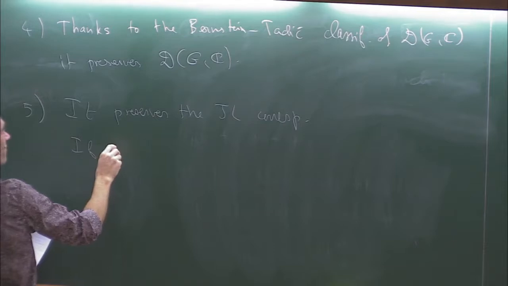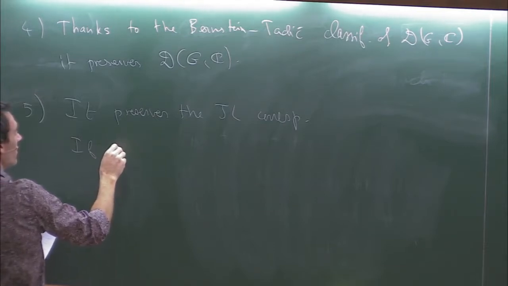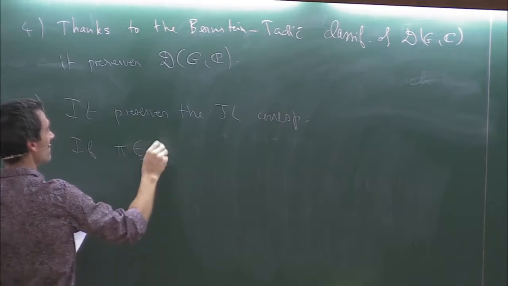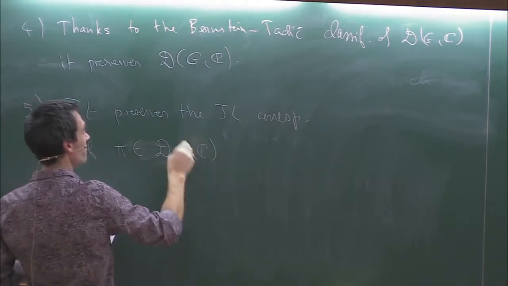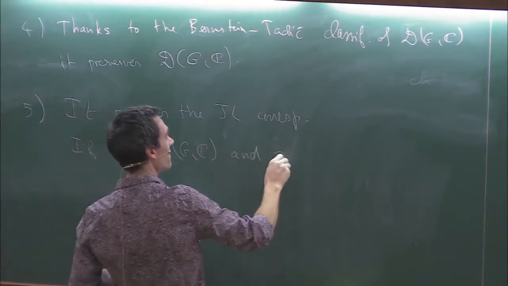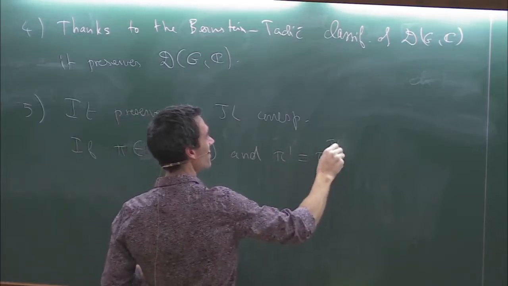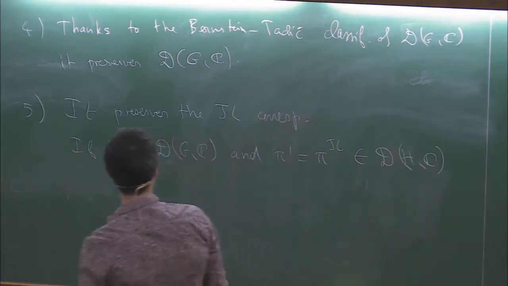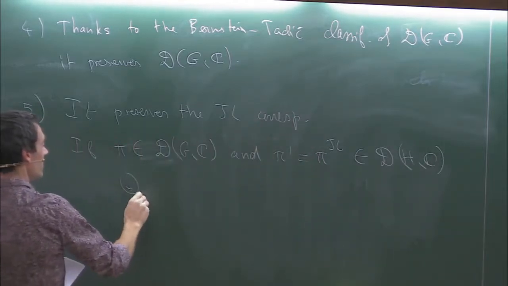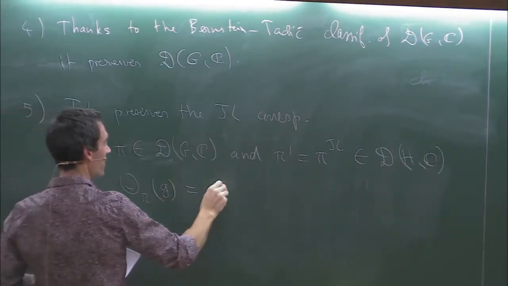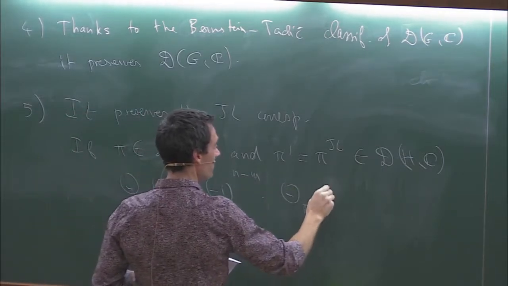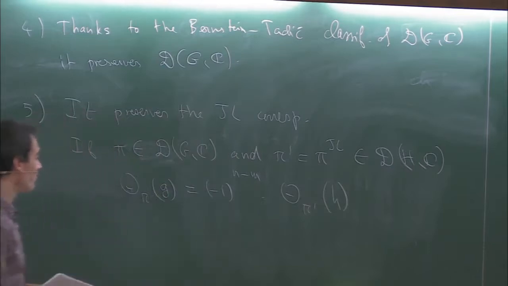If pi is in DGC, and if pi prime is its Jacquet-Langlands transfer to DHC, it means that you have theta pi of g equals (-1)^(n-m) theta pi prime of h.